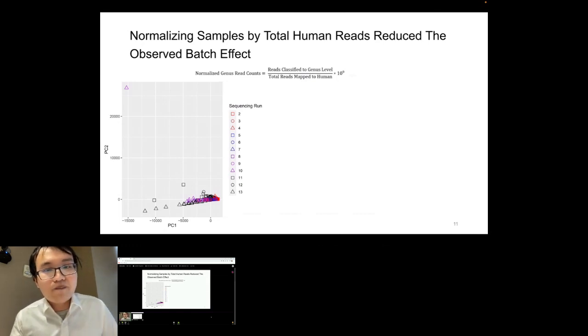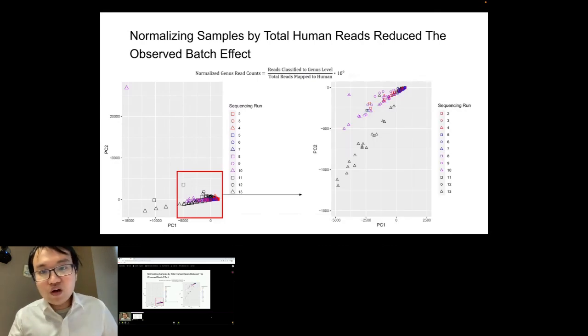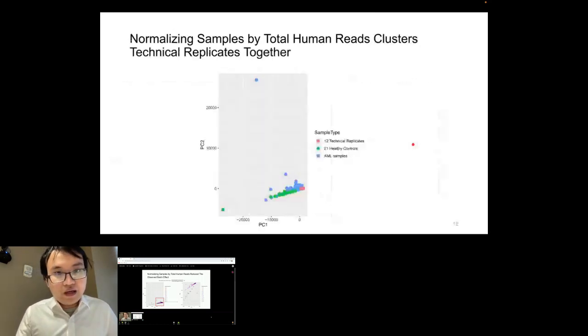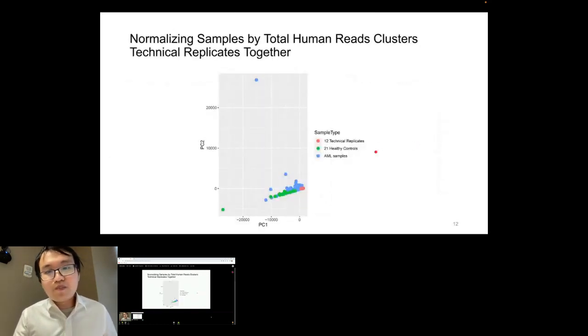After we reperform principal components analysis, we observe that this normalization approach seems to reduce the observed batch effect in sequencing run, and it also brings the 12 technical replicates together.